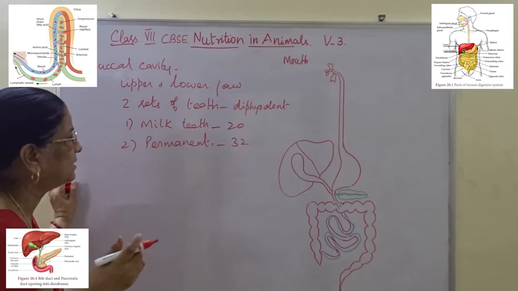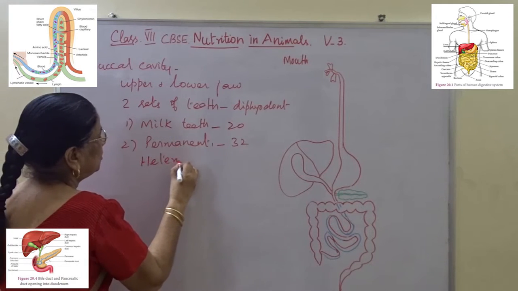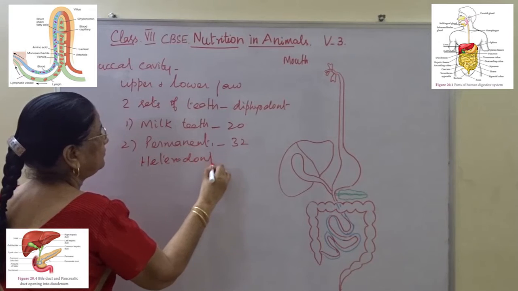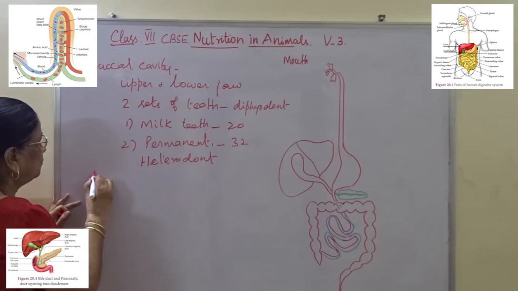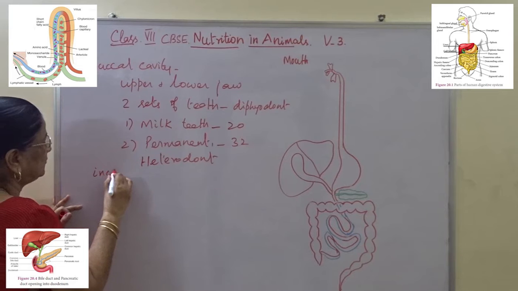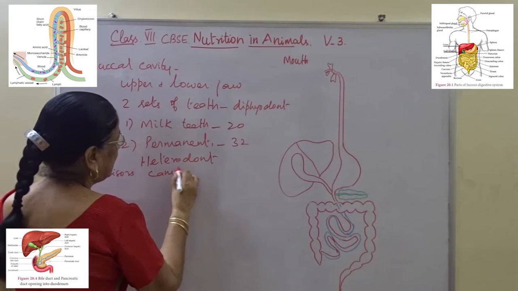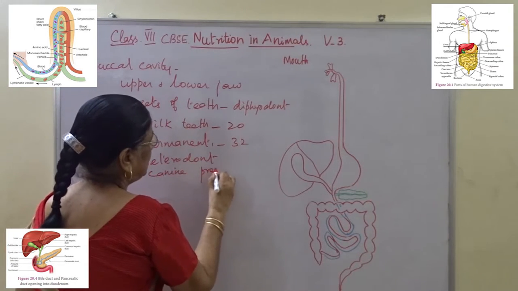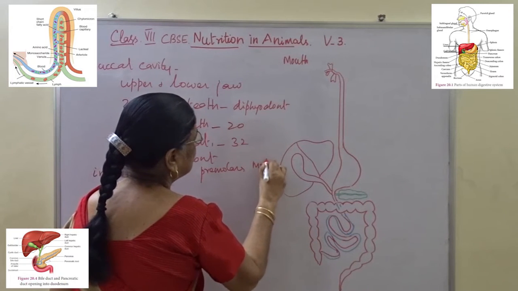Now the permanent teeth are called heterodont, as 4 types of teeth are present: incisors, canine, premolars and molars.